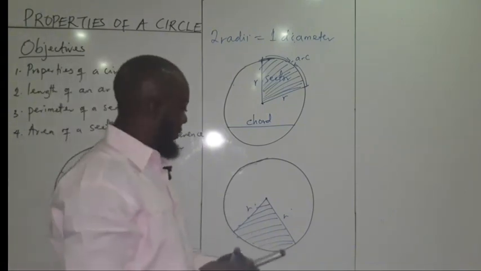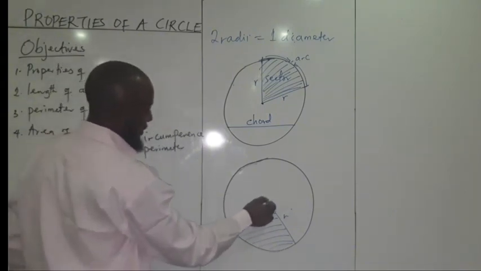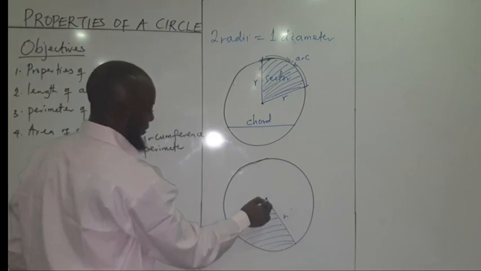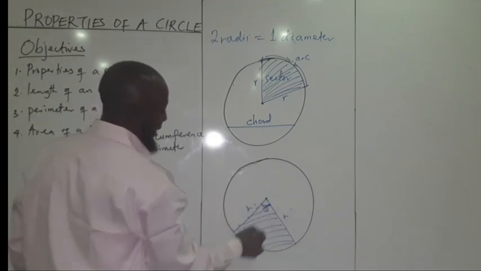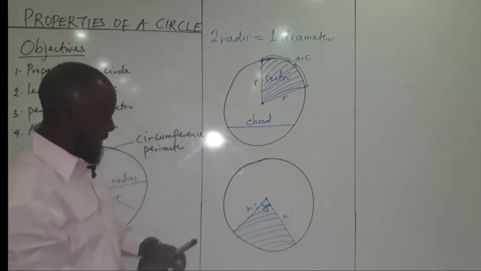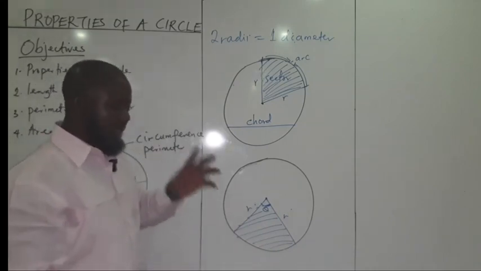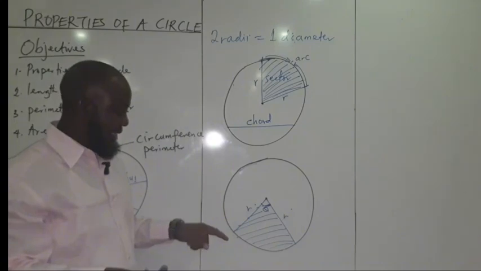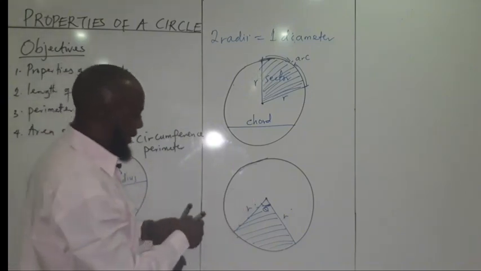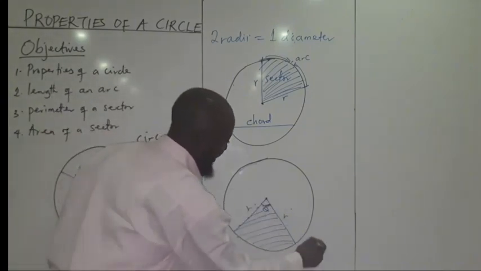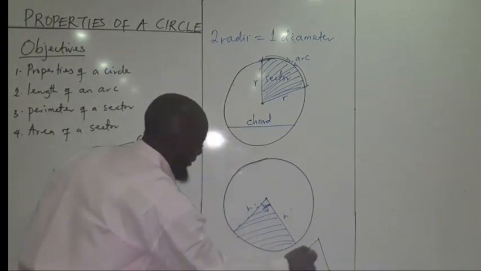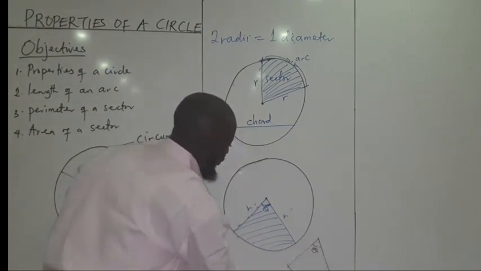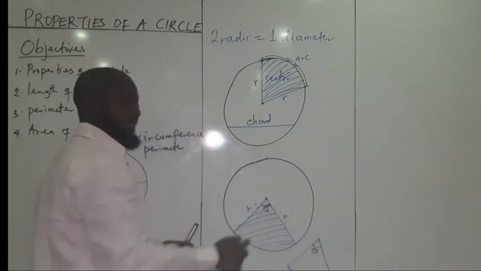The first one is this one. This is a sector, and it is bounded by this angle here. That is what this sector subtends. This is how you're going to know the angle of that sector. If I bring this out, I'm going to have something like this. This is the sector. This is the angle. So the angle must be inside the sector.